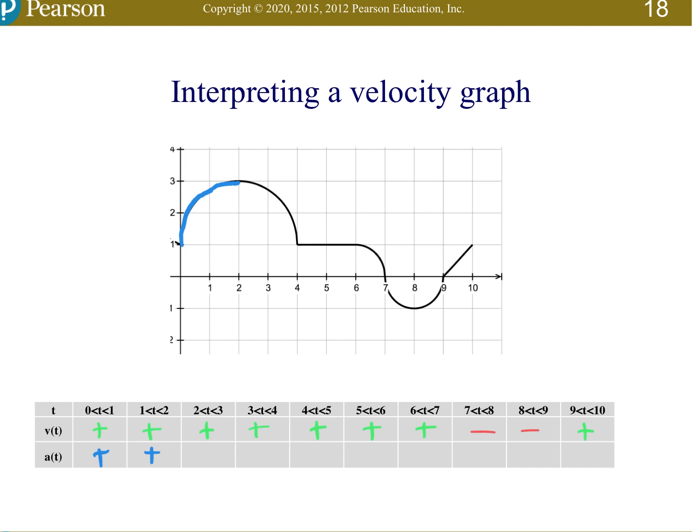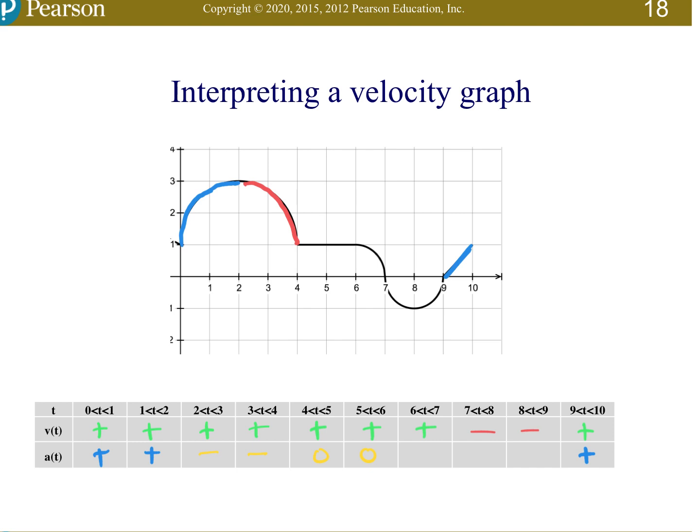The only other place I have positive slope is 9 to 10. That's the only other place where my graph is going in a positive direction. Otherwise, from 2 to 4, that'll be negative. What about from 4 to 6? 0 slope from 4 to 6.